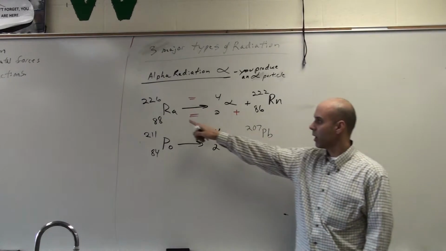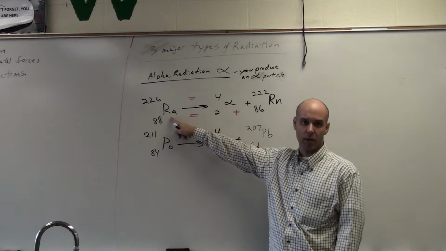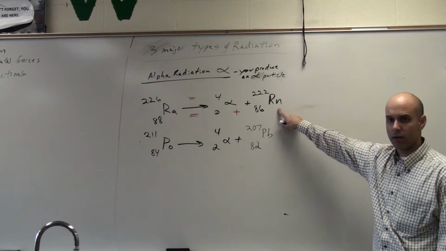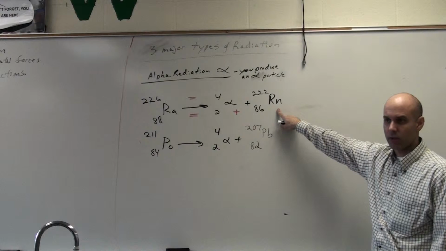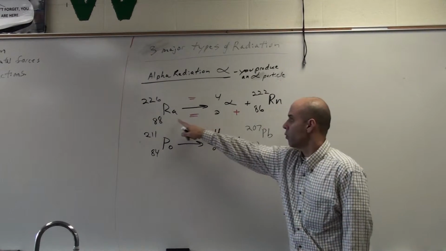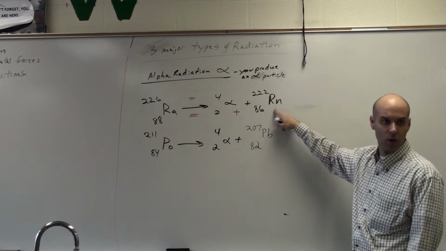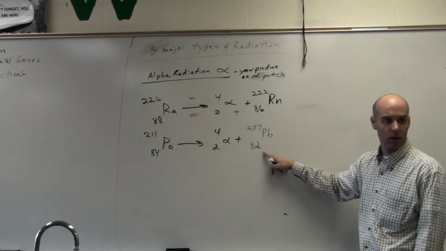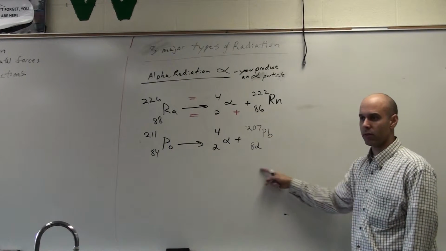So, in the first example, we have radium. That's radioactive. It becomes radon. Is radon radioactive? Yes. So things will keep decaying. Radium becomes radon. Radon will become polonium. Polonium will become lead. And then, is lead radioactive?